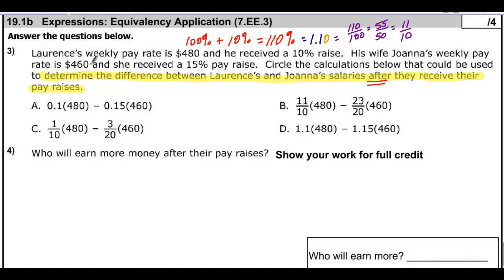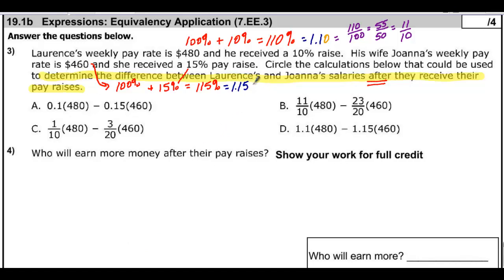For Joanna, his wife, we have 100% plus an additional 15%. So after her raise, she will be getting 115% of what she had before. That's 1.15.